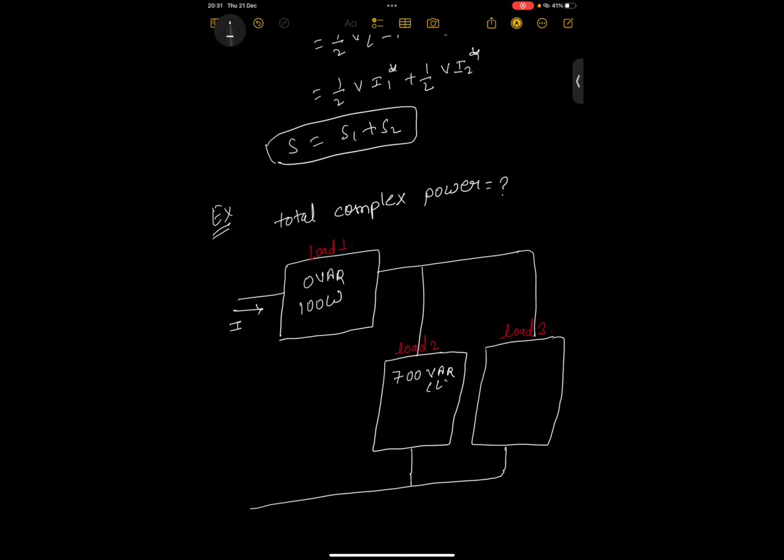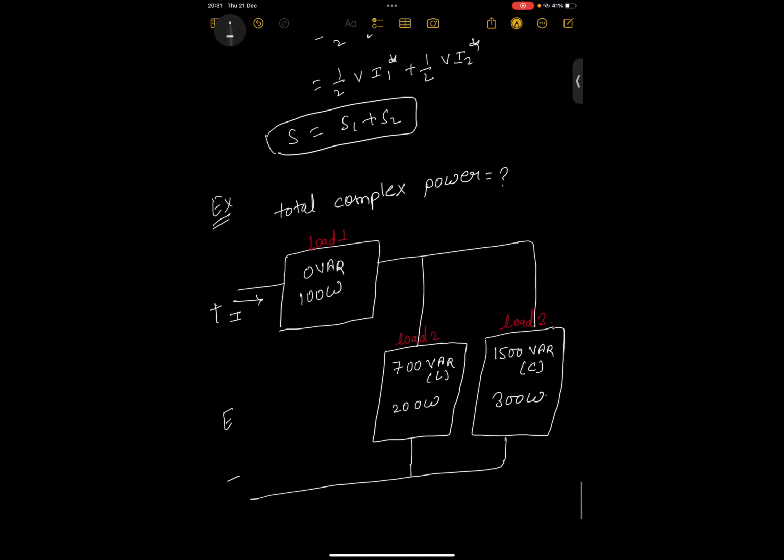That is for L, 700 var, 200 watt is given. This one is 1500 var for capacitance, this one is 300 watt. And here is the voltage applied, that is E, 100 volt angle 0.